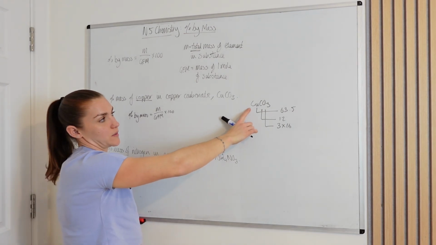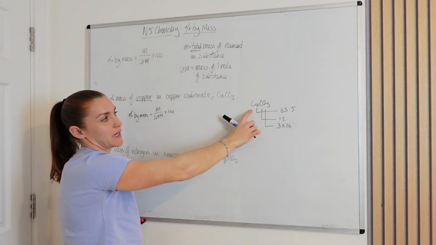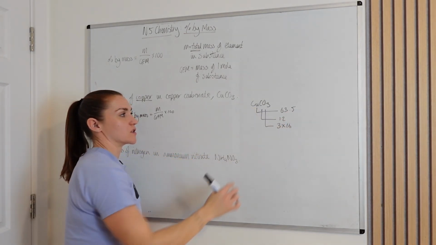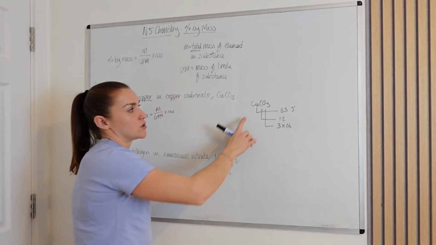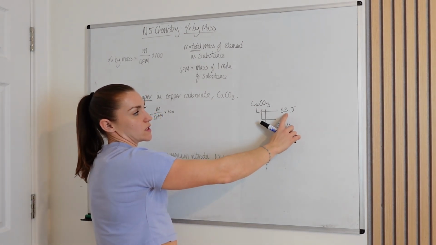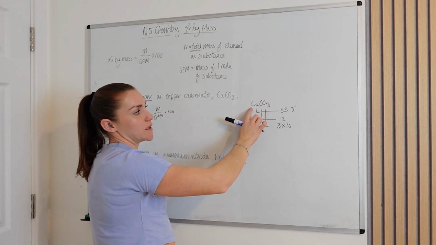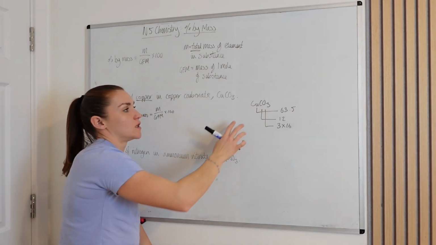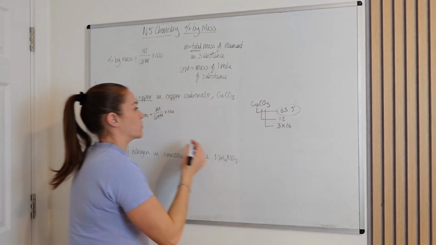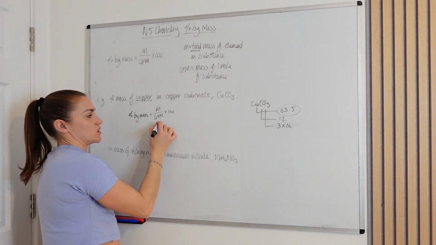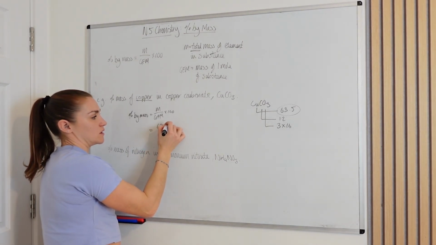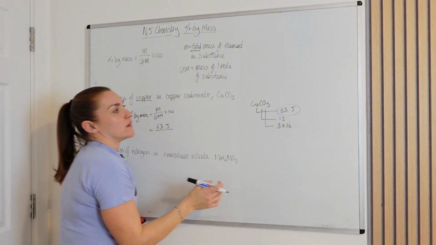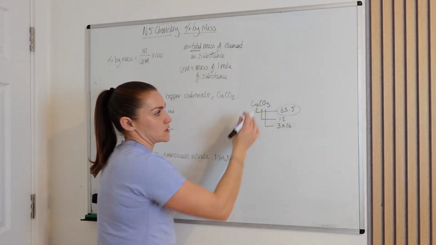So I've written the chemical formula here for the copper carbonate and I've taken the relative atomic masses from the data booklet. So copper has a relative atomic mass of 63.5. There's only one mole of copper in the substance, so that will be our total mass of copper. So that goes on the top of our equation. There's 63.5. Then we need the gram formula mass, so that's the mass of the whole thing.